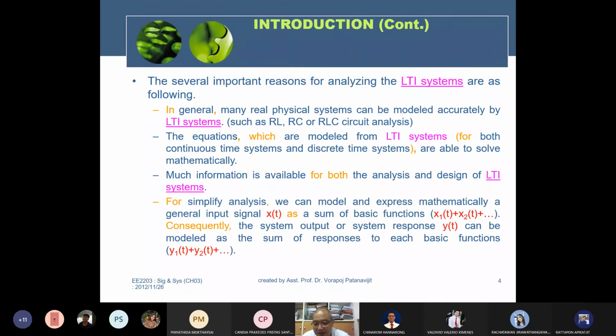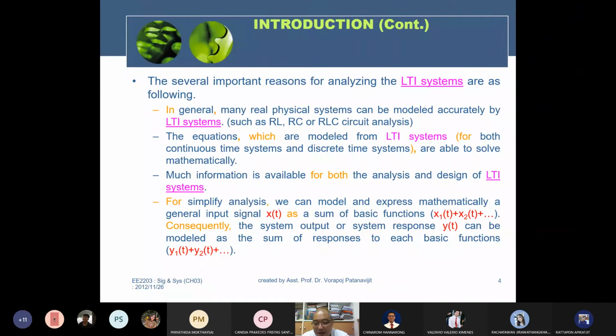For simplicity of analysis, we can model and express a general input signal x(t) as the sum of basic functions, x1 plus x2 and so on. Consequently, the system output or response y(t) can be modeled as the sum of the responses of each basic function, y1, y2, y3, and so on.